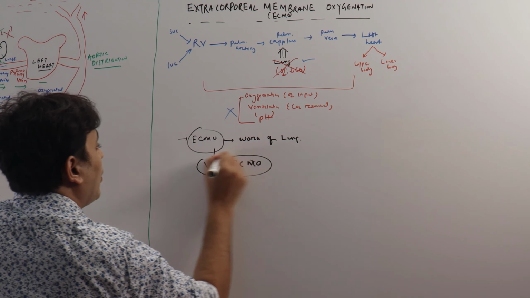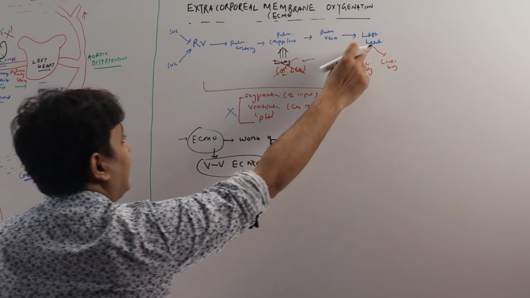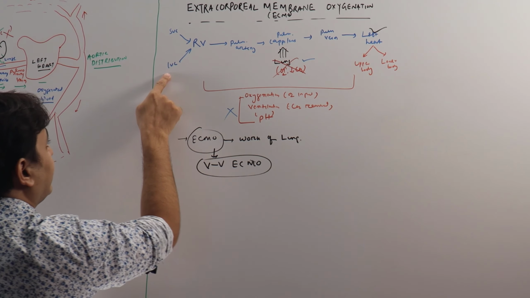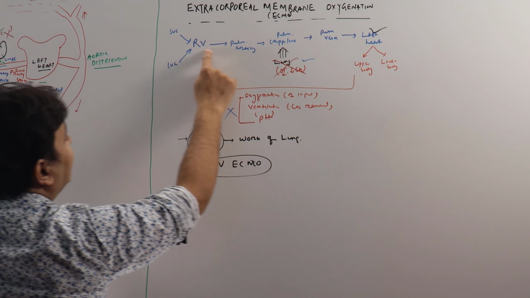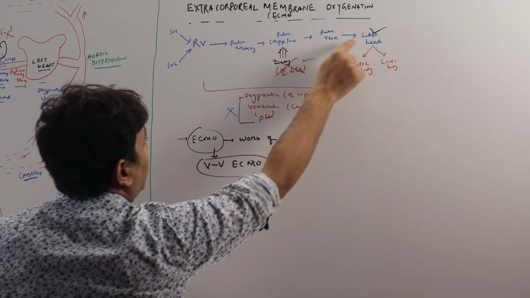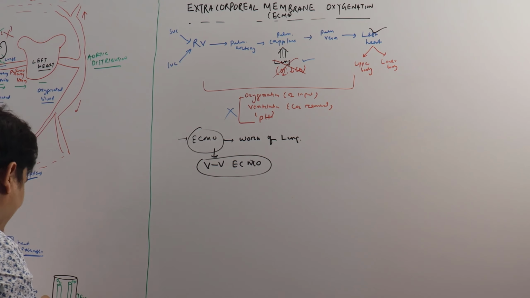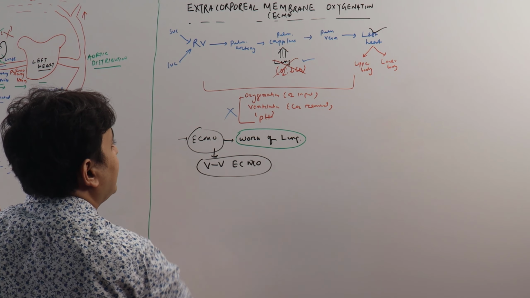We take the blood from a vein and give the blood to a vein. Because the heart is working, the blood will go via the pulmonary artery and capillary vein to the left heart, which can contract very nicely. So this is called venous ECMO, and it does the work of the lung on the outside.